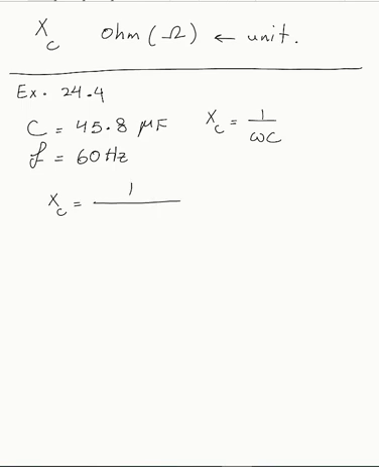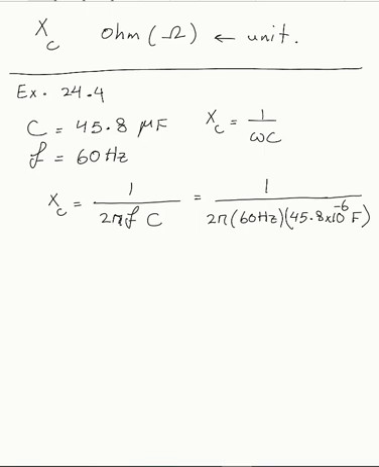So omega, we knew that it is 2 pi f, and then C is C. So I just plug in the numbers: 2 pi times 60 hertz times 45.8 times 10 to the power of negative 6 to convert the microfarad to farad.